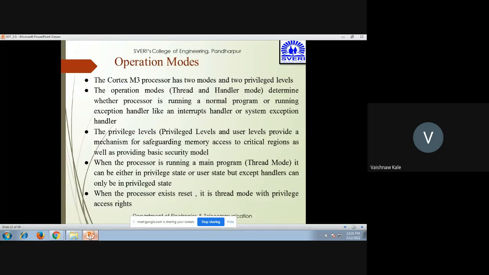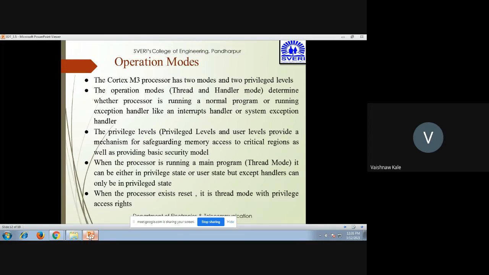The operating modes determine whether the processor is running a normal program or running an exception handler like an interrupt handler or system exception handler. So thread means your normal program is running, and handler mode means it is handling the interrupt handler, exception handler, or system exception handler. These are the 2 modes.